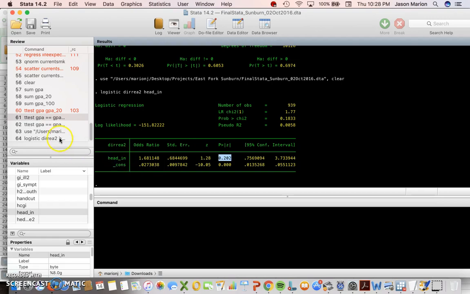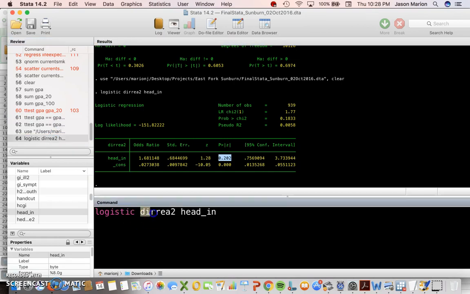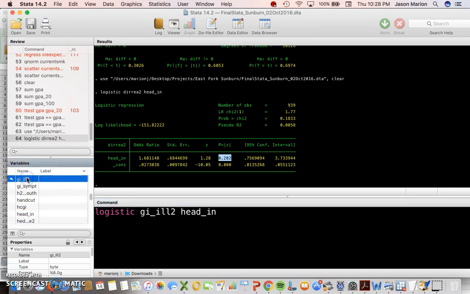And if we were to do this again, maybe with a different variable, I was interested in GI illness. So did they have any stomach illness, nausea, or vomiting after putting their head in the water at this beach?